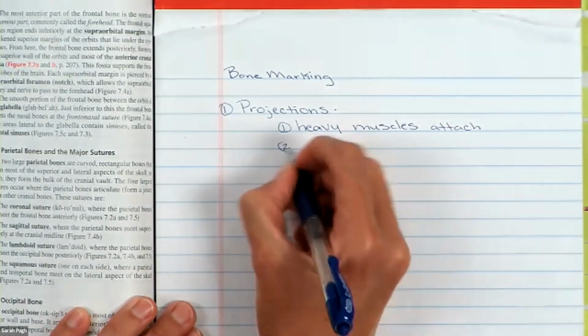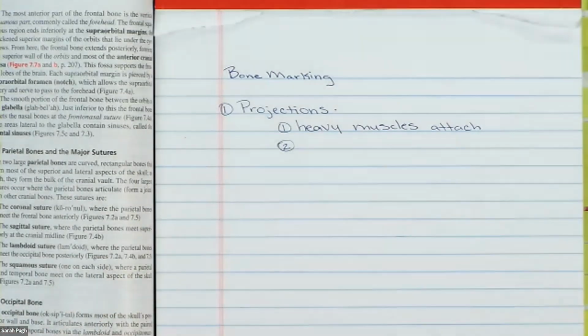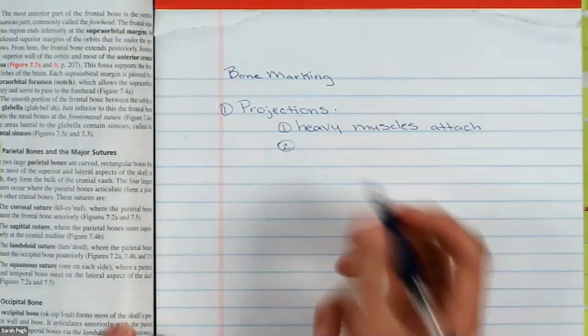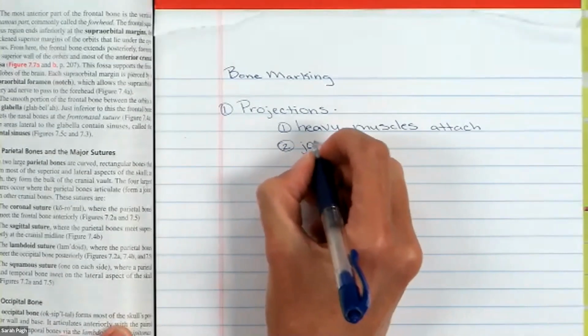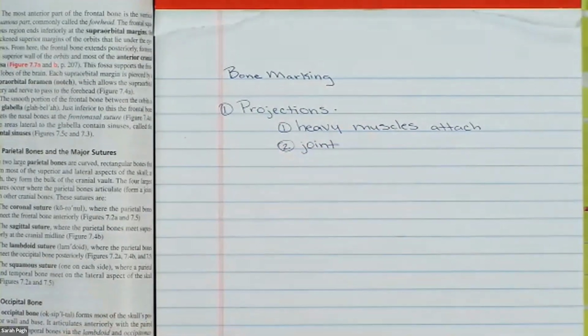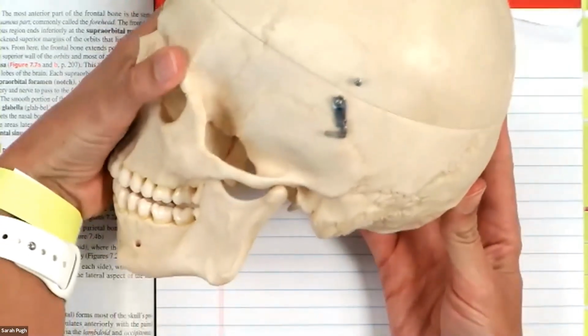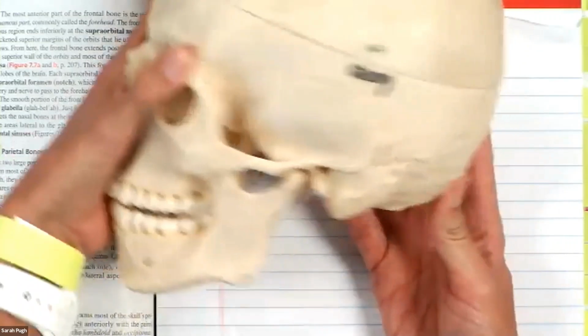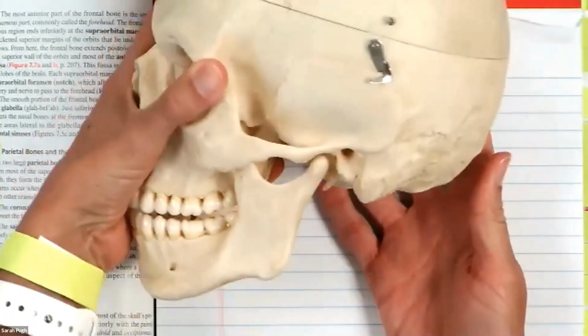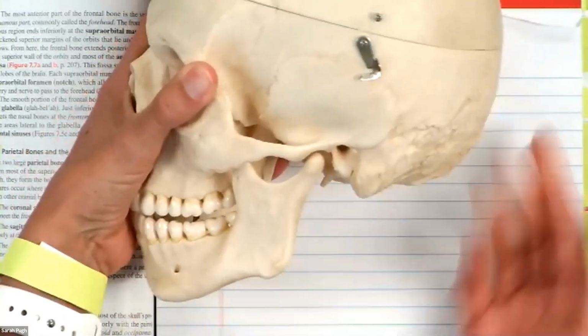The other reason why you might have a projection, something growing away from the bone, is because at that point you are forming a joint. So I'm going to show you some examples real quick. I have the skull right here, and on the skull, I have two examples of projections that are really close to each other.